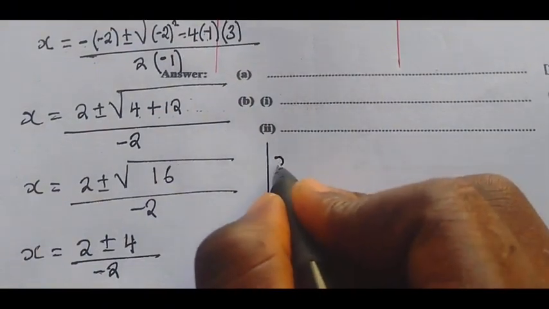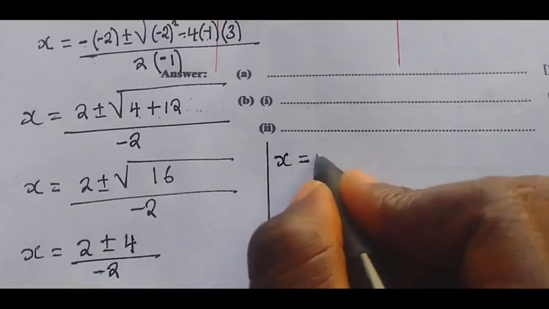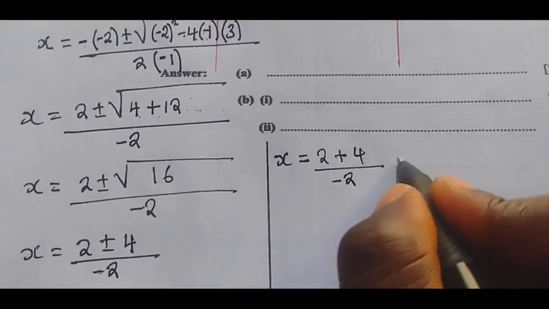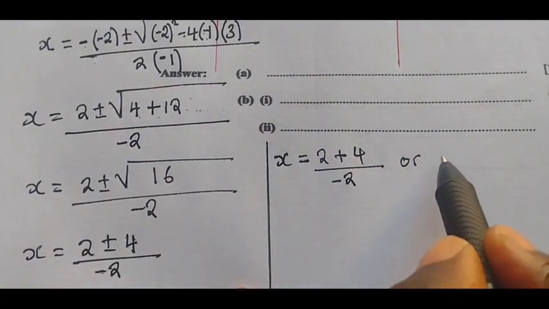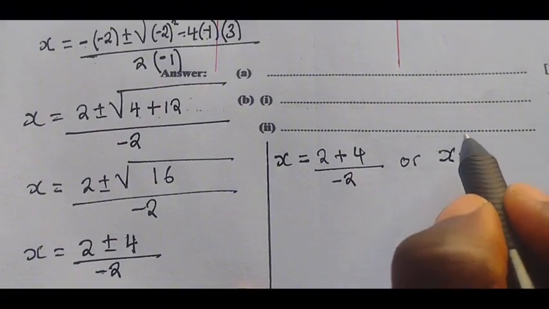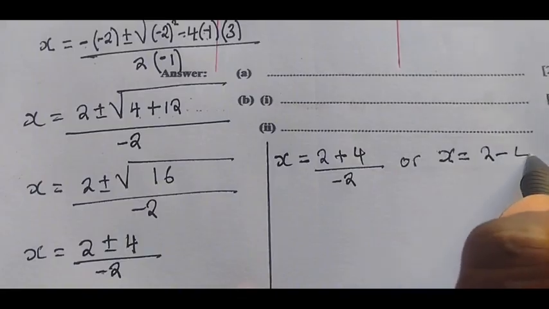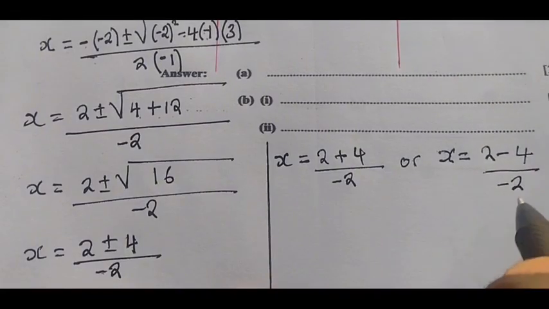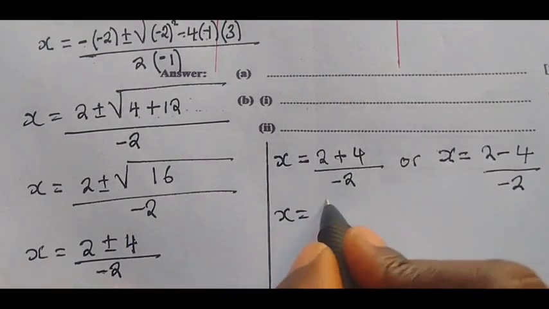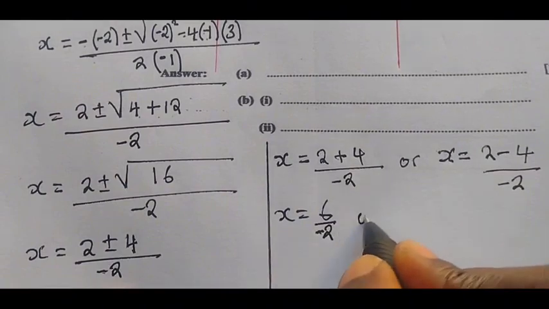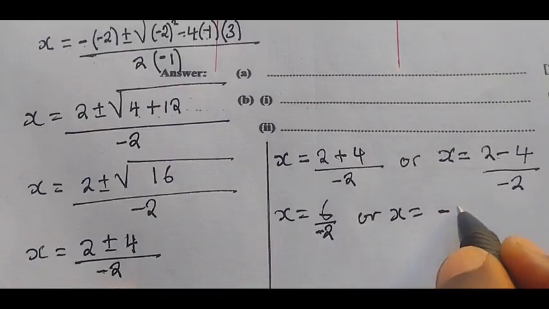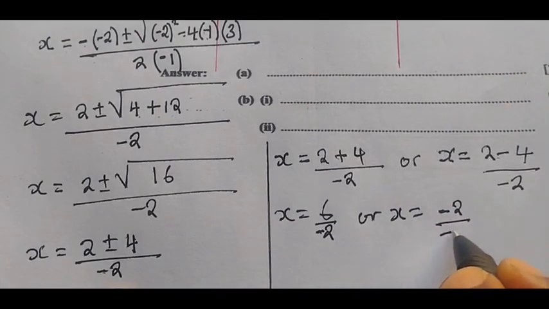We can separate: x is equal to 2 plus 4 over negative 2, or x equal to 2 minus 4 over negative 2, like this. So from here we say x equal to 2 plus 4, it's 6 over negative 2, or x equal to 2 minus 4, it will be negative 2 over negative 2.